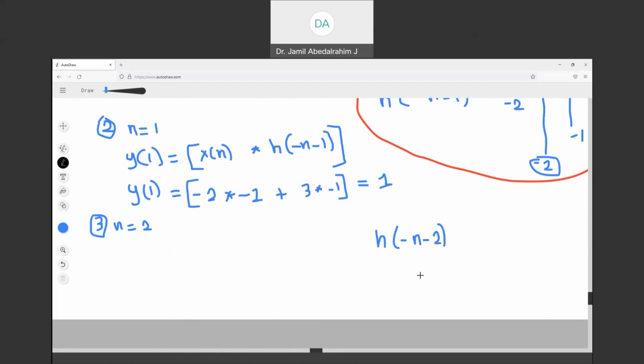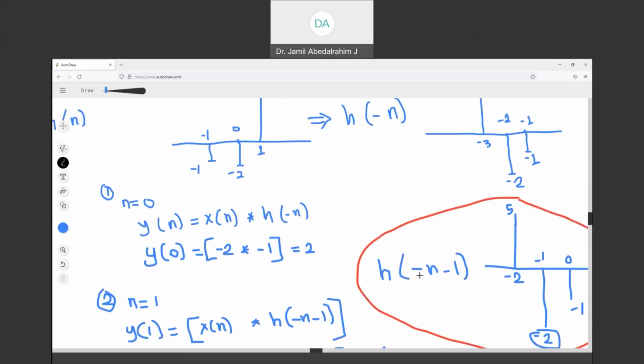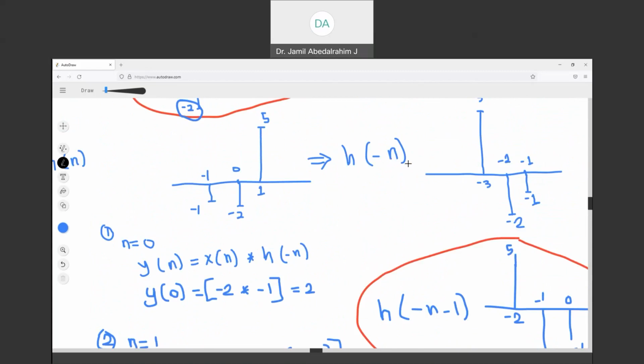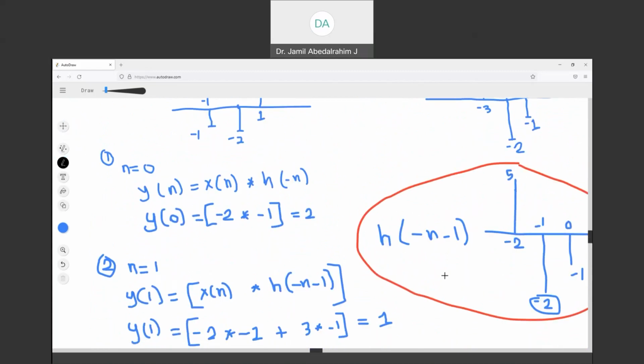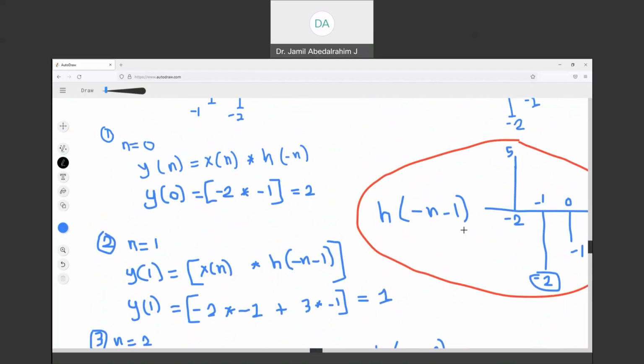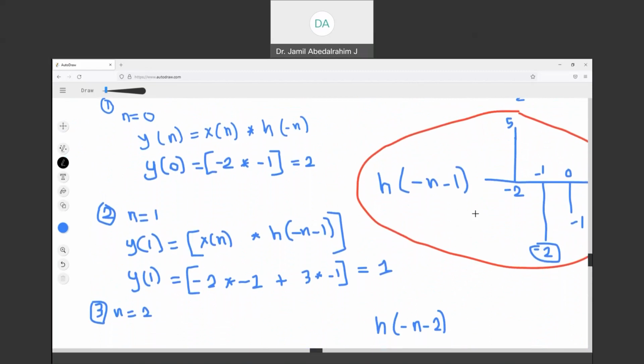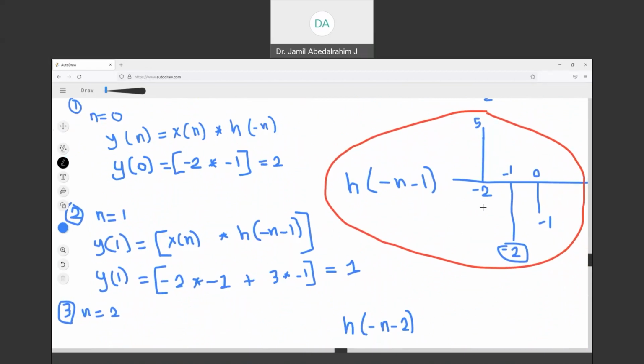Okay, so here we have two options. You can refer to the original h of negative n and do shifting by 2, or refer to the last signal, which has already been shifted by 1, and shift it by 1 more to the right side.